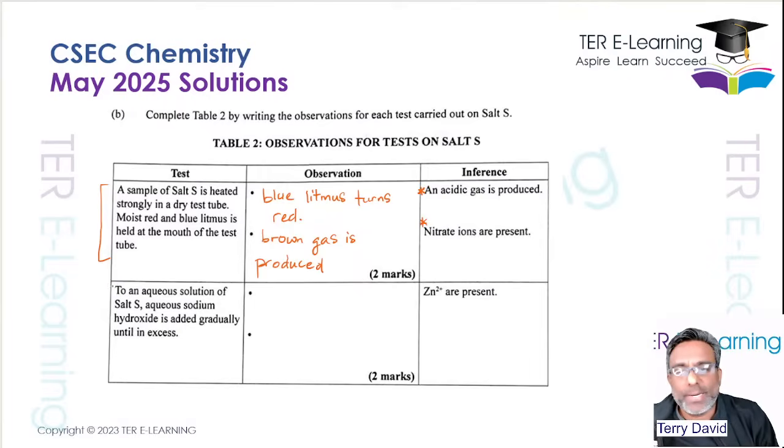Now the next part here, we are adding aqueous sodium hydroxide gradually until in excess. So the two bullets here would be gradually and until in excess. So when you add, we just want the observation. They are telling us that we have zinc ions present. So therefore, we're going to get a white precipitate here.